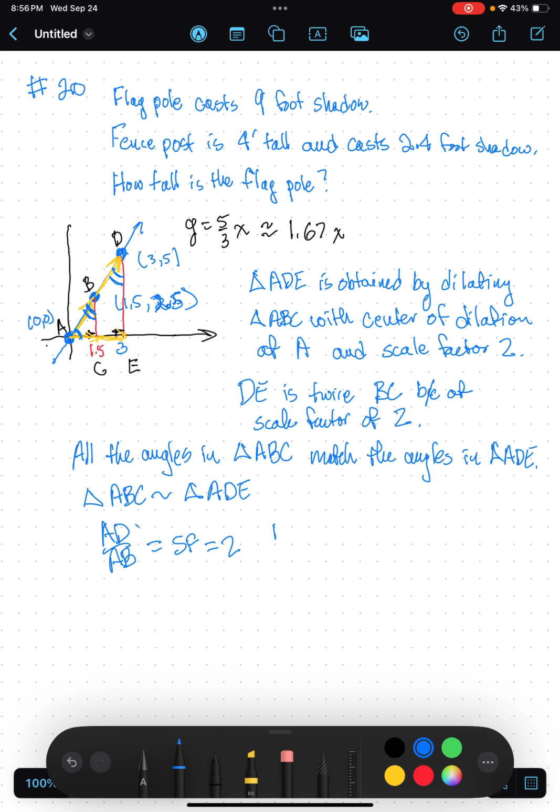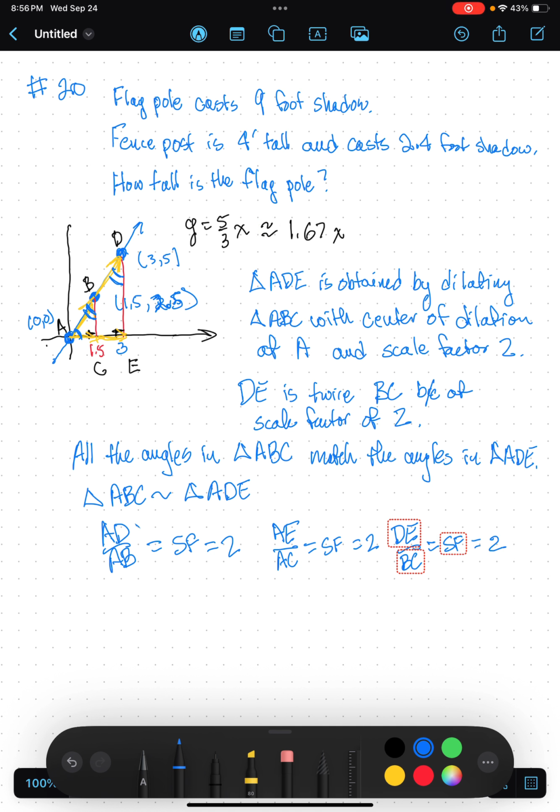And then I would know that AE to AC is also the scale factor, which is 2. And then BC is half of DE, so we would also know that DE to BC is equal to the scale factor, which is equal to 2.